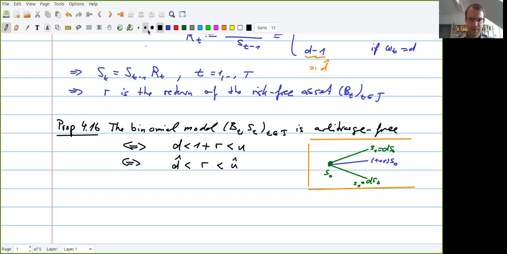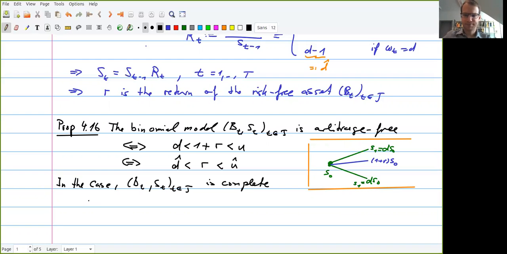Okay, let's come back to the statement. If we have an arbitrage-free binomial model, in this case the model is also complete. So every claim is replicable, as we have seen in the binomial model with one trading period.